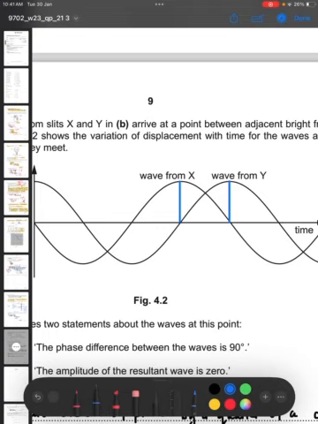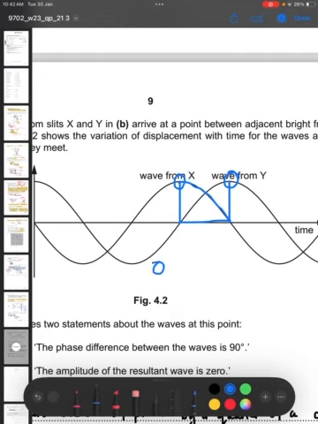It is clear if you check out carefully that from here to here, according to this wave X here, that's a quarter of a period. So when this crest happens, it happens a quarter of a period after this crest has happened.